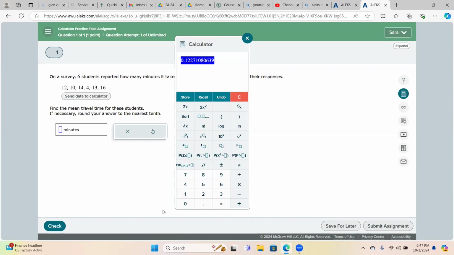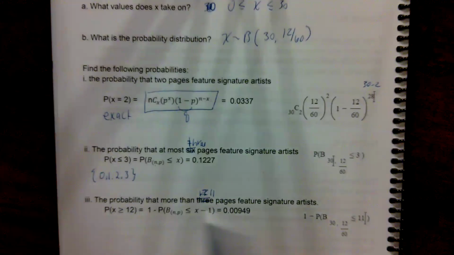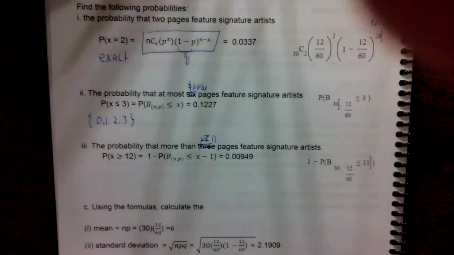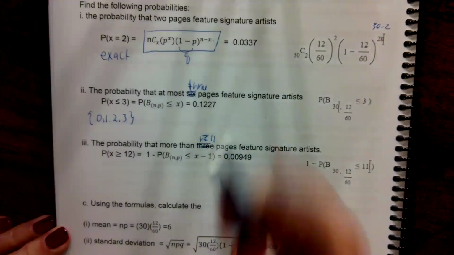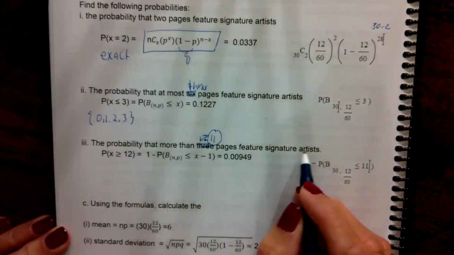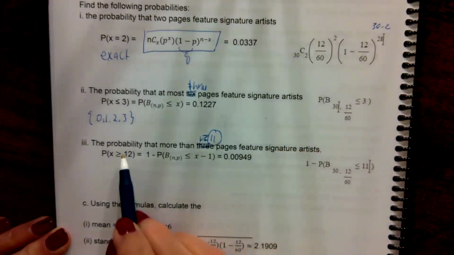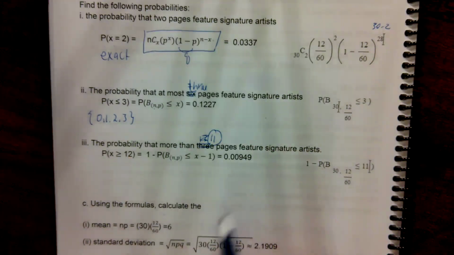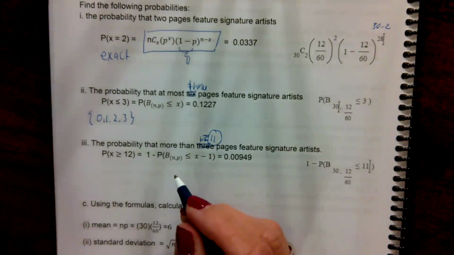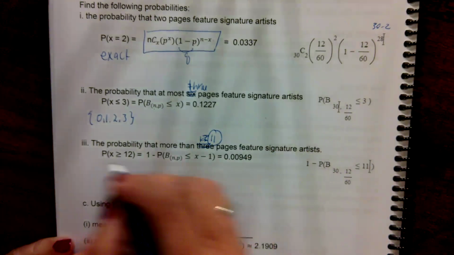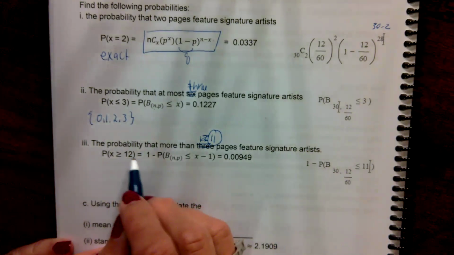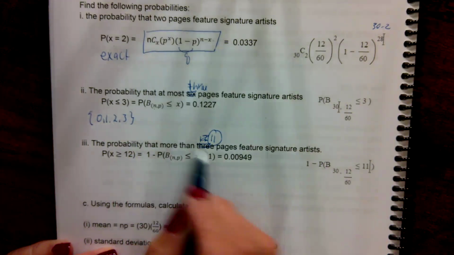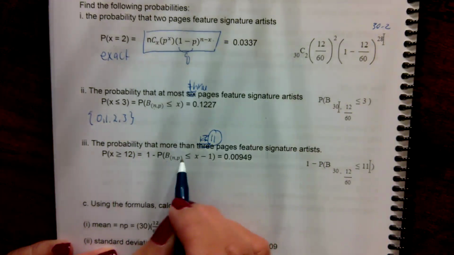Excellent. Then the next problem says the probability that more than, it should read, this is where my numbers got mixed up. The probability that more than 11 pages feature signature artists. So more than 11 would be greater than or equal to 12. So 12 or more would be equal to that. So that means we have to do 1 minus the binomial, because the binomial only does the less than.